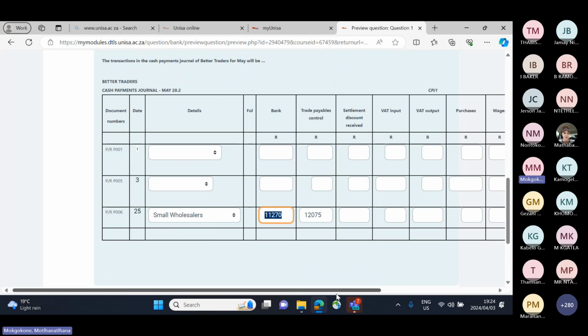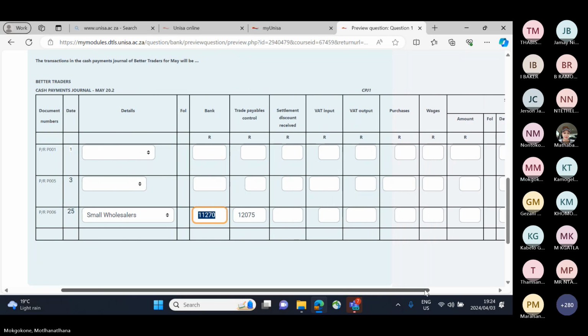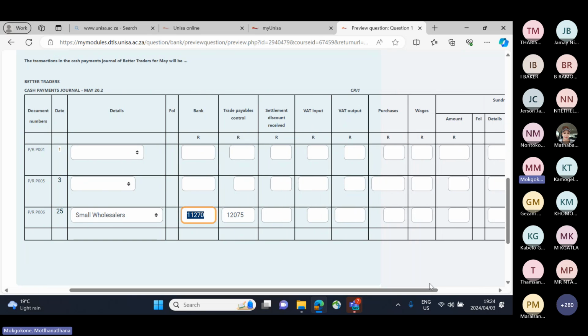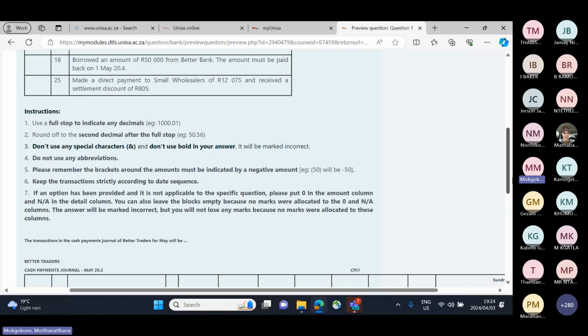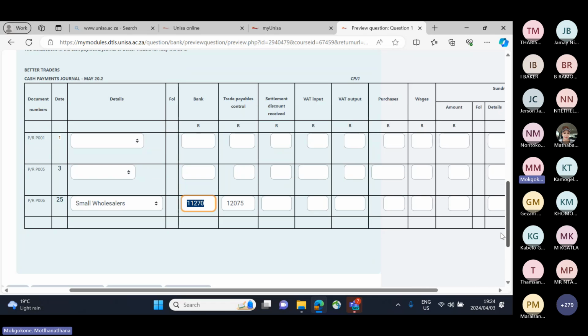Then we go to our VAT account here. We say 805 times 15 divided by 115. 105 will be our VAT output, because here is a reversal.